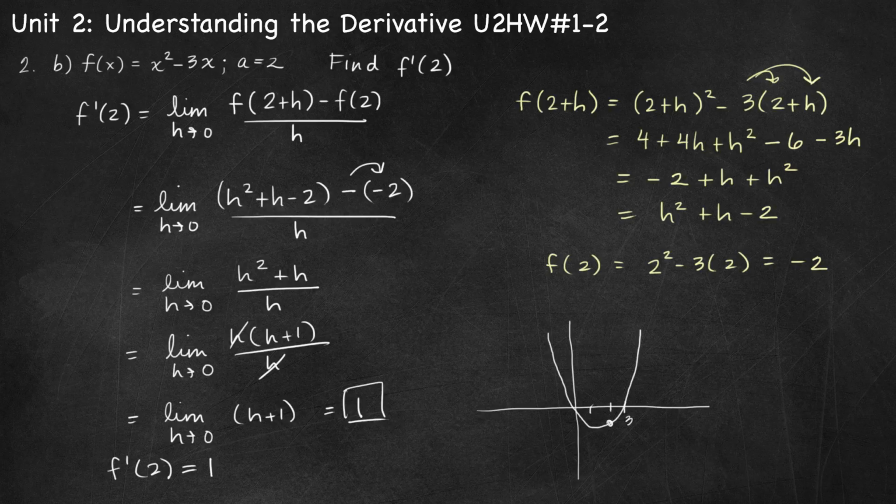So at x equals 2, we're right here, and the line tangent to the curve at that point does have a slope of 1. So saying f prime of 2 equals 1 tells us the slope of the tangent line when x is 2 is 1. Or we can simply say the slope of the curve at x equals 2 is 1.